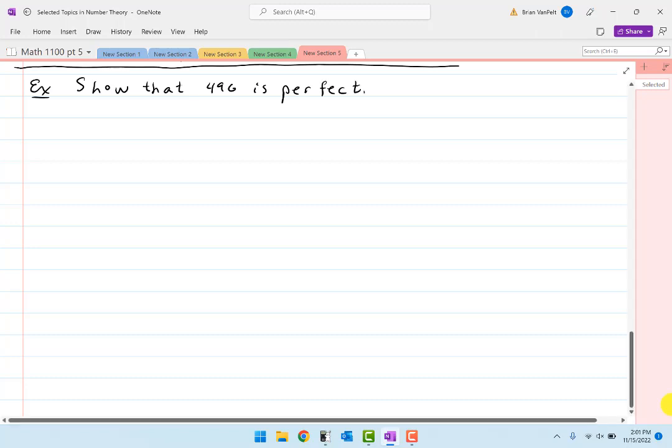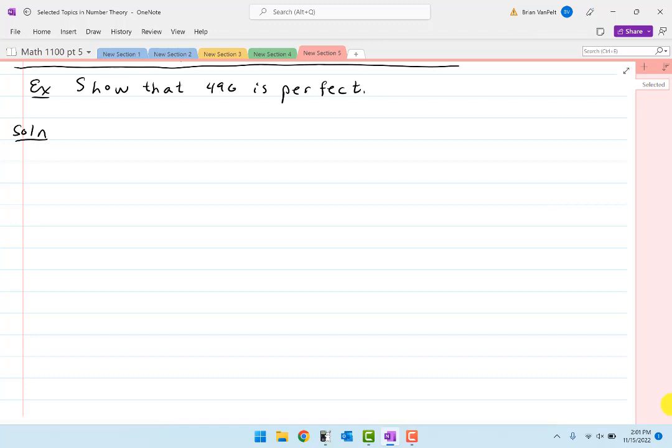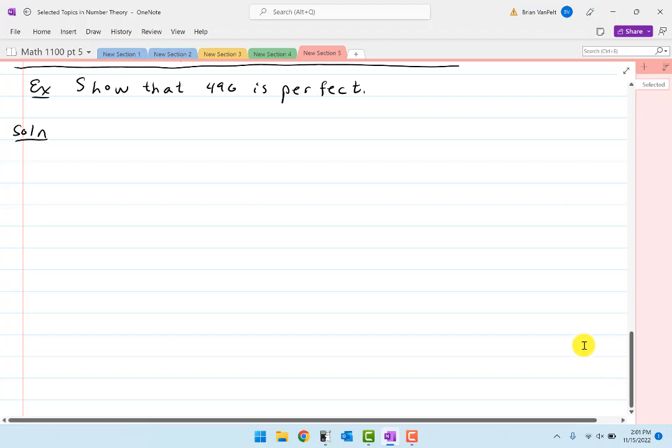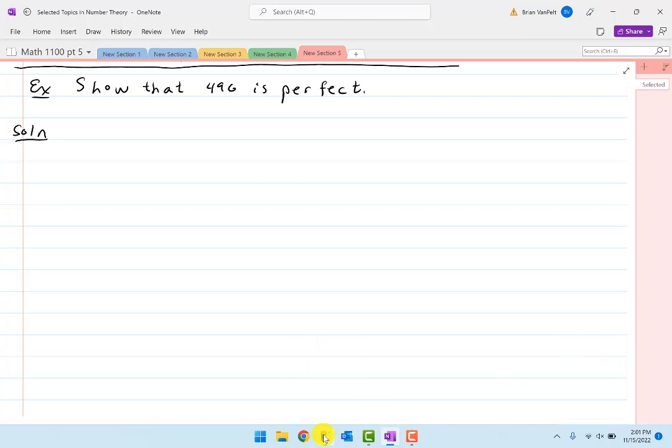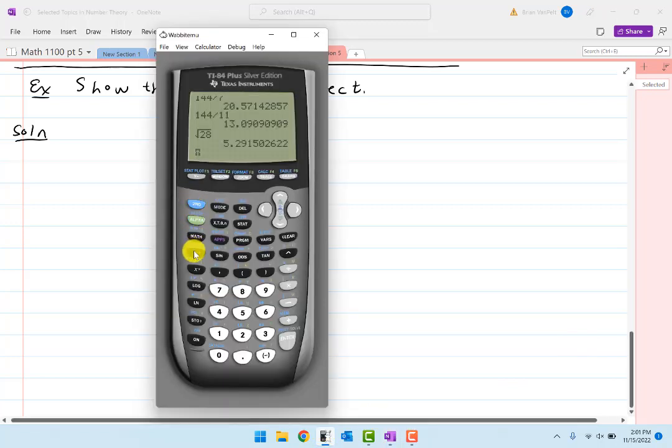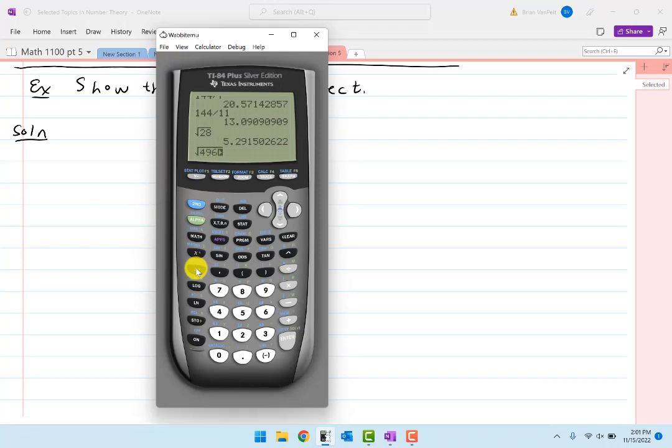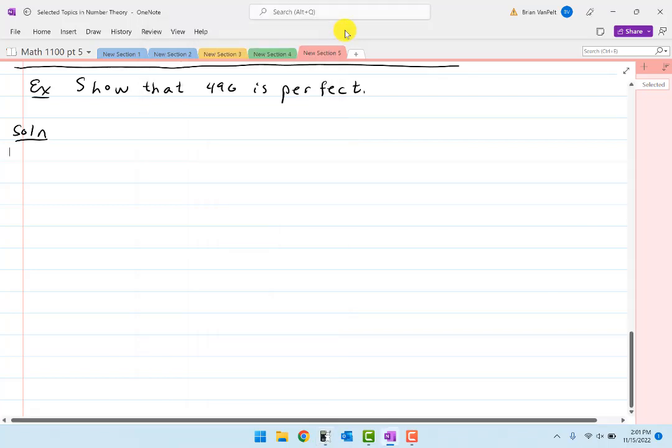So I need to show that it's the sum of its proper divisors, so we need to find its proper divisors. So just like we did before, let me go ahead and get its square root. I get 22 point something.